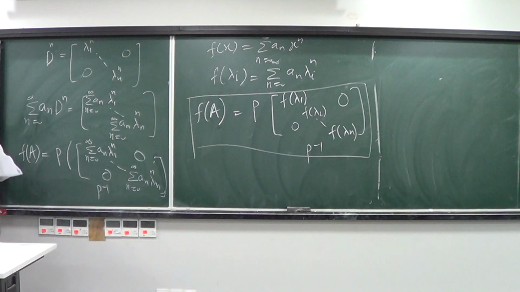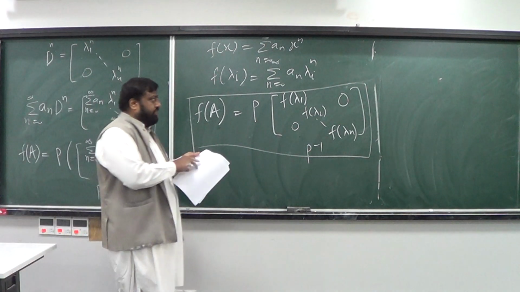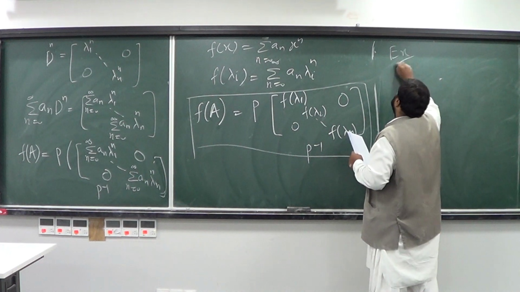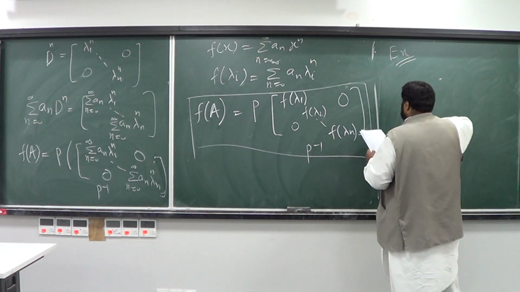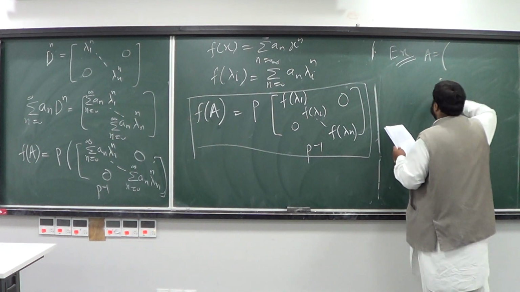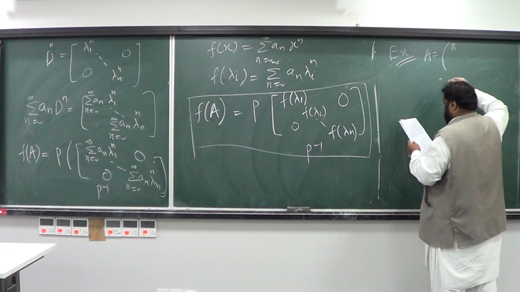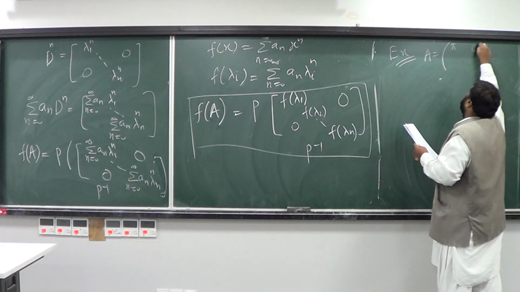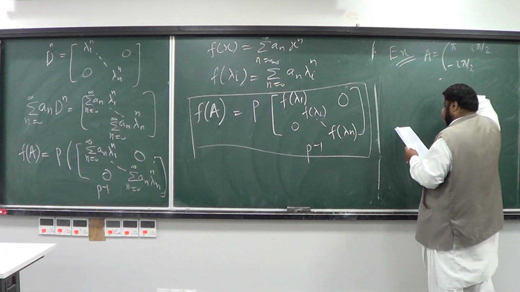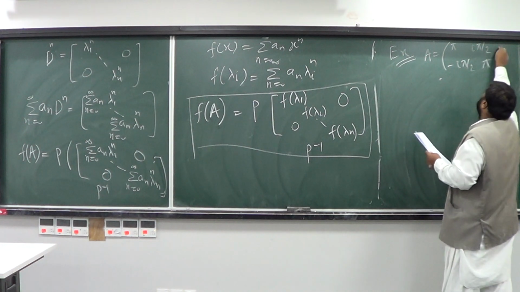Let's do an example. So here is an example. Imagine I have been given a matrix A that is pi, i pi by 2, negative i pi by 2, and pi.